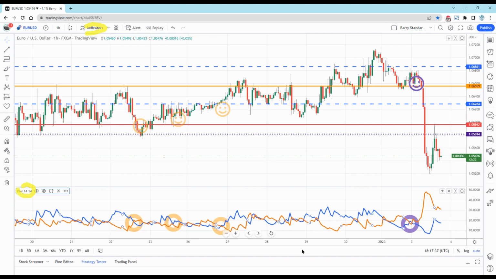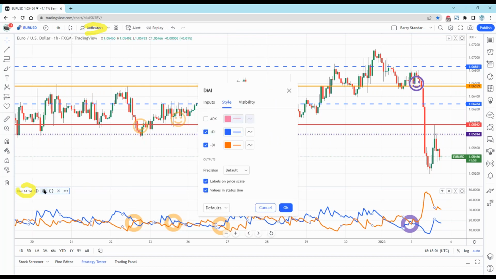Now, the only thing we can really tell with this chart is our crossovers. Crossovers tell us the strength or the weakness of the current trend. As you see, I've highlighted them down below. Now, we do need to add a third piece of information onto this, and that is our ADX line.